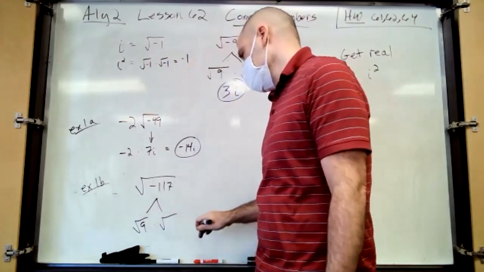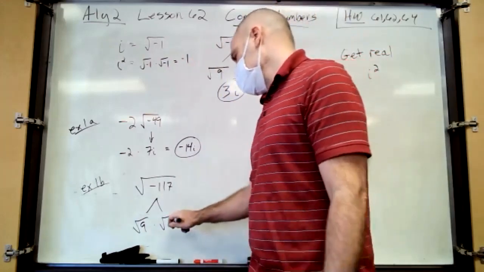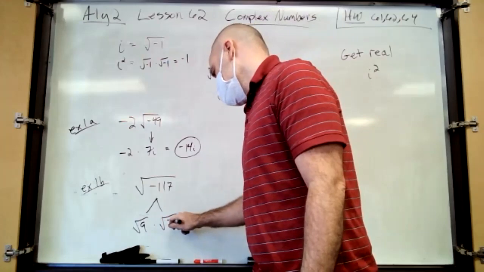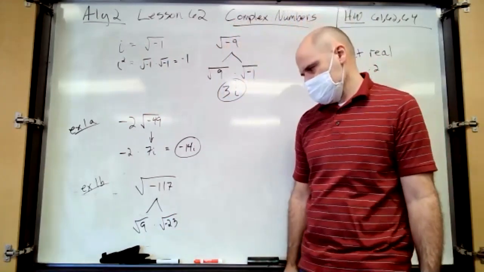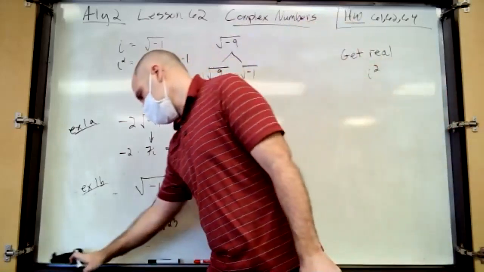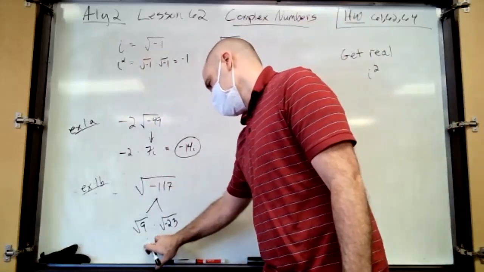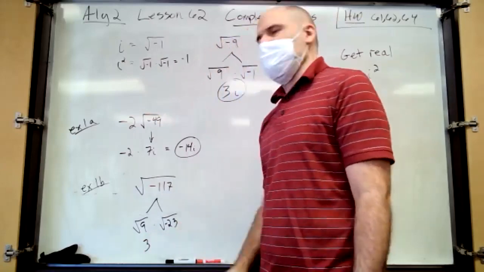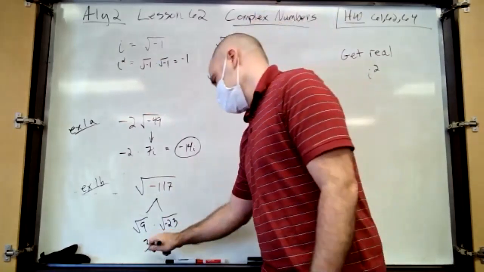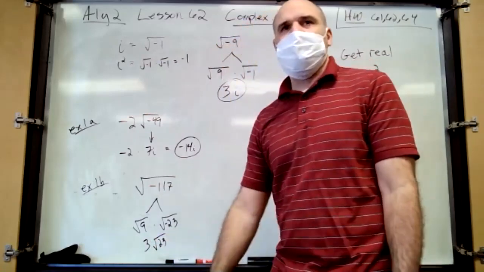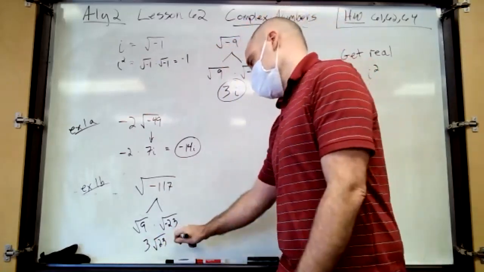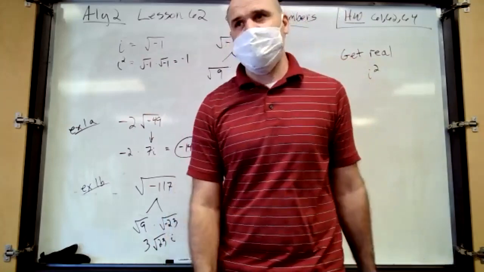See, 9 goes in there 23 times. Okay. So what's the square root of 9? 3. And then what's the square root of 23? Square root of 23, then i.